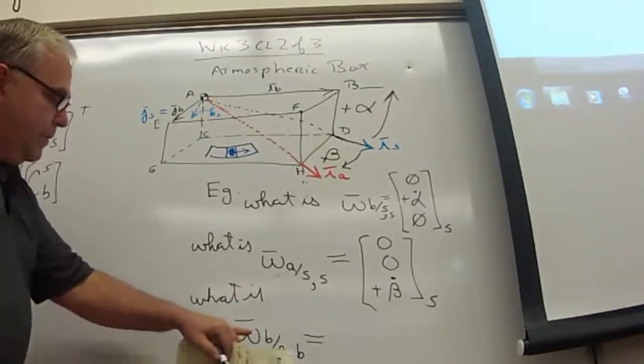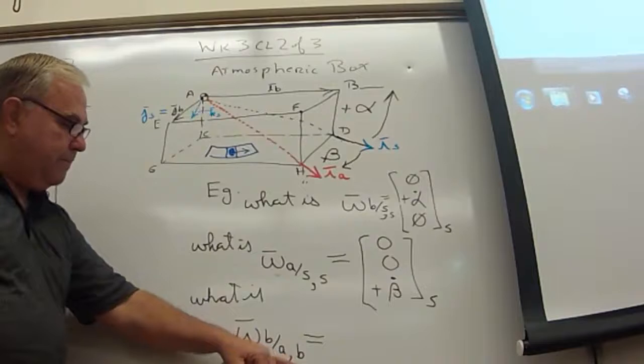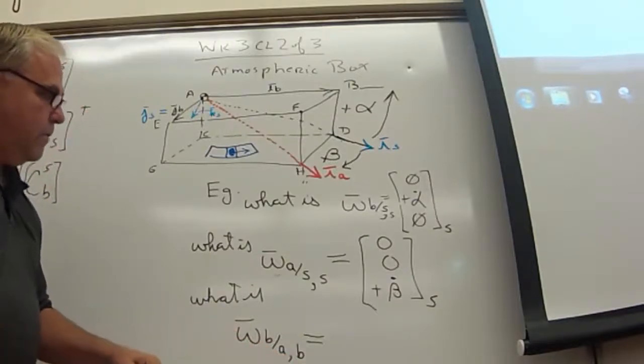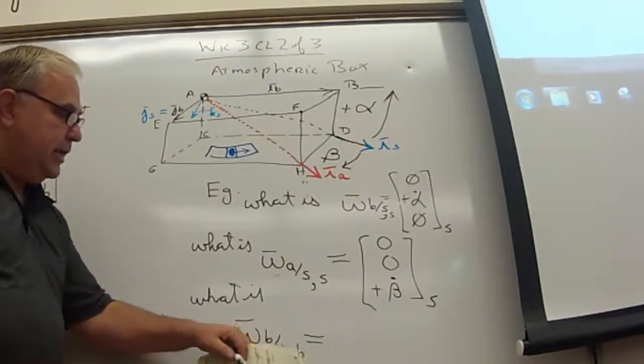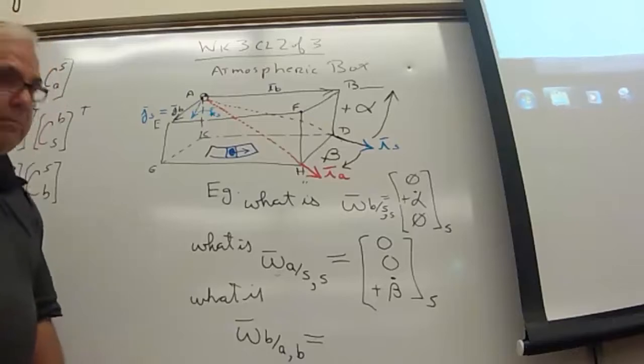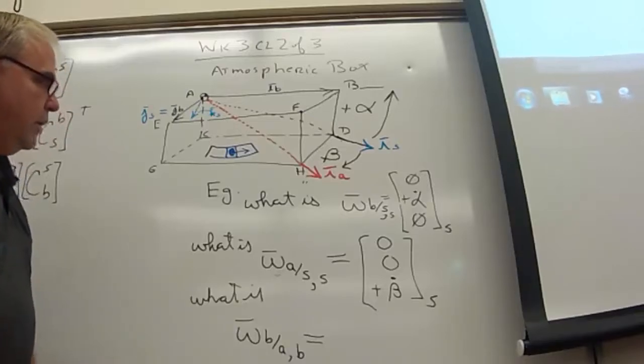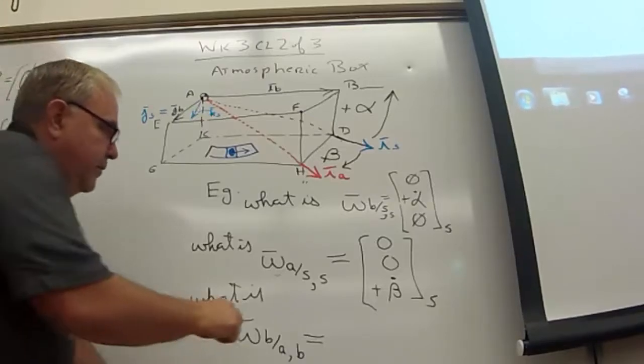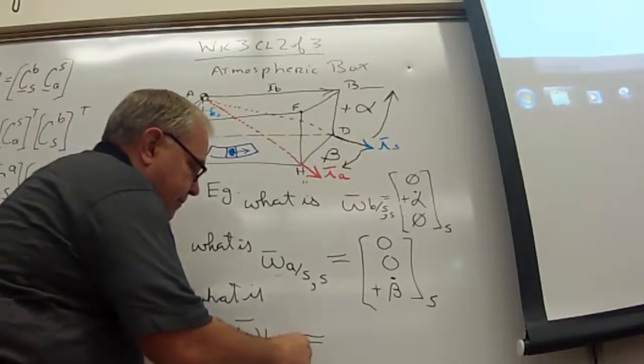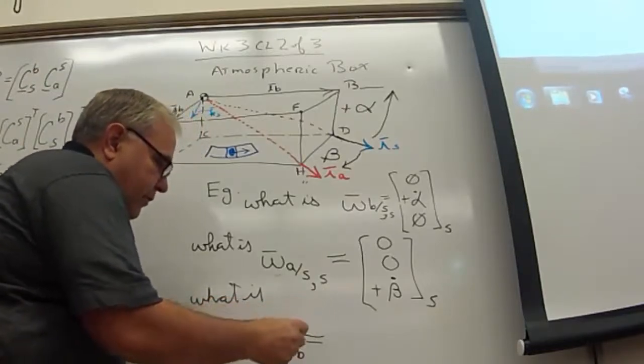If I want to find omega B slash A, do I know omega B slash A in any coordinate frame?